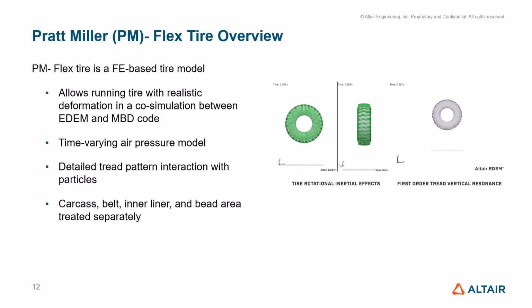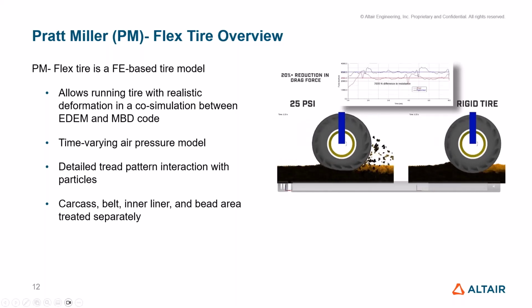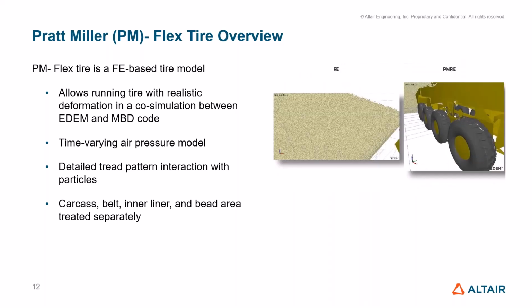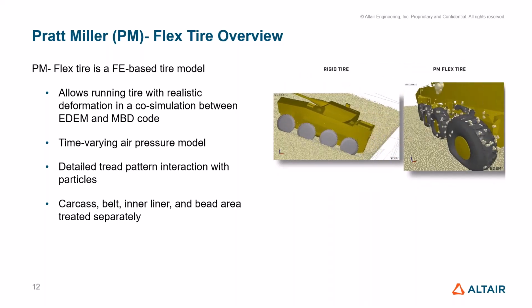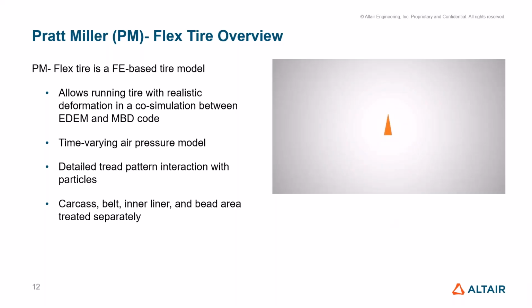The major physics of how the tire model works is that the tire components, carcass, belt, inner liner, and bead area, are treated separately, which helps represent more realistic behavior. If the tire is rigid we would not get this, but PM FlexTire helps us model the real physical behavior.